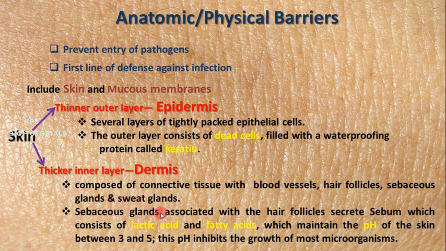Out of these, the sebaceous gland is associated with the hair follicles and secretes sebum. This sebum consists of lactic acid and fatty acid. Both these acids maintain the pH of the skin between 3 and 5. This pH inhibits the growth of most organisms.